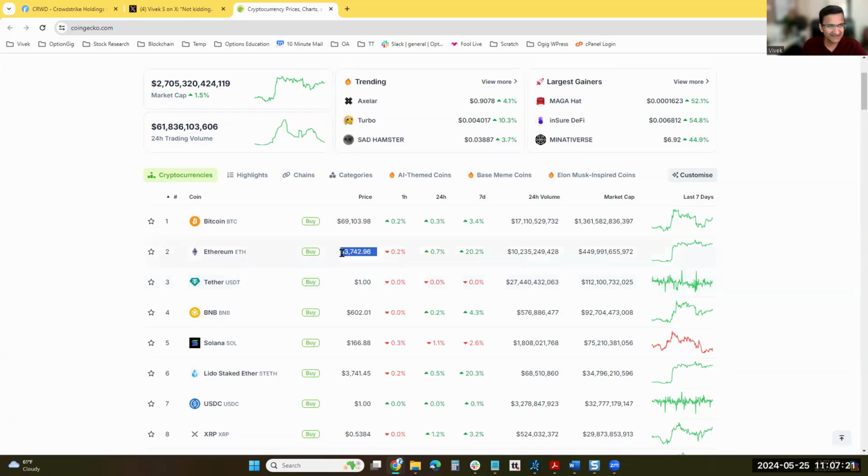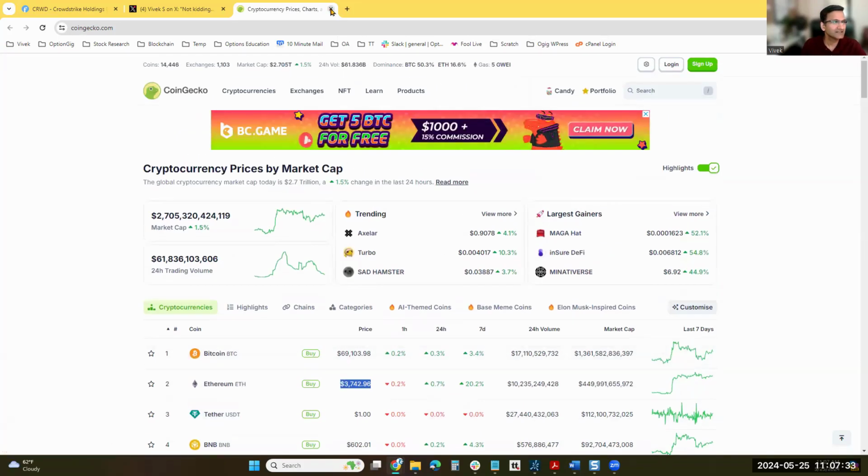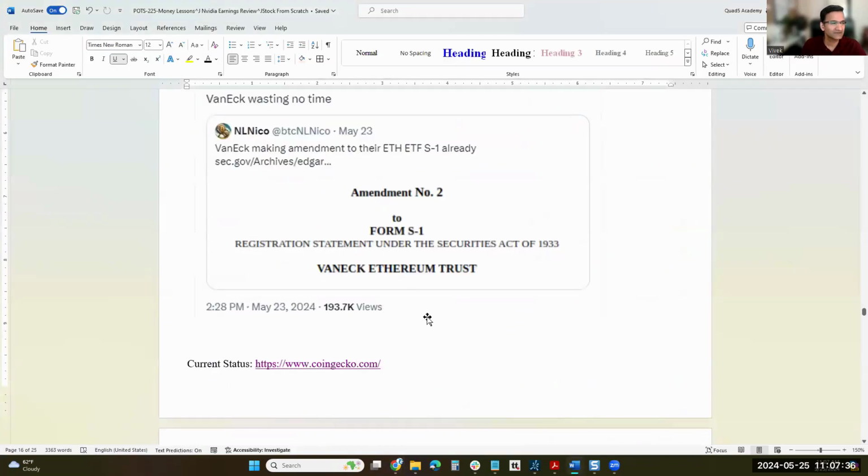So that's where it is. ETFs are not yet trading, but I think now it's more of a logistics concern rather than whether the SEC will approve or not. Okay, so that's where we are on the crypto side of the house.